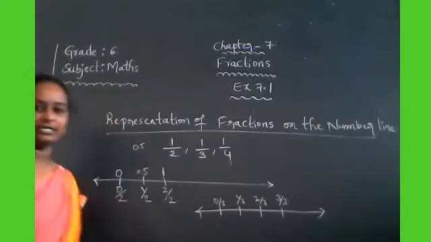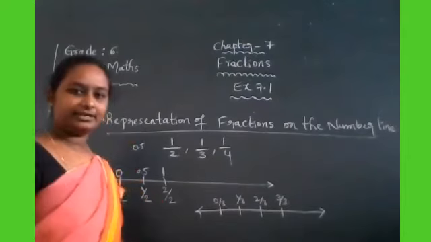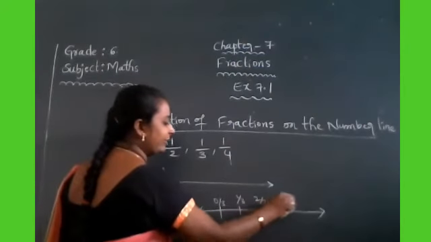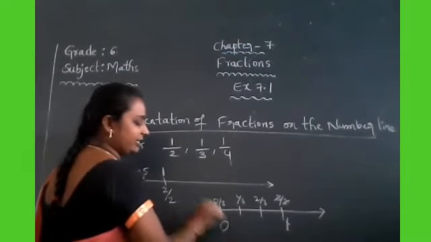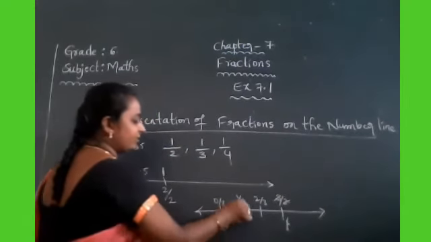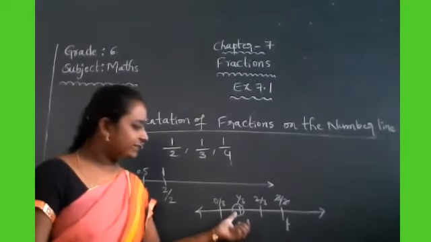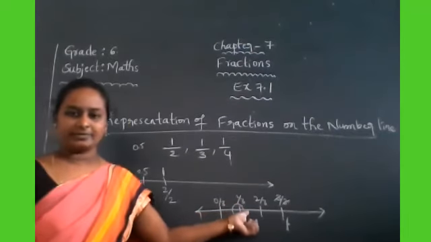Now this 1 by 3 lies between where? Yes, it lies between 0 and 1 only. 3 by 3 means it is equal to 1. 0 by 3 means 0. So here it is 1 by 3. So here also the numerator is less than the denominator.